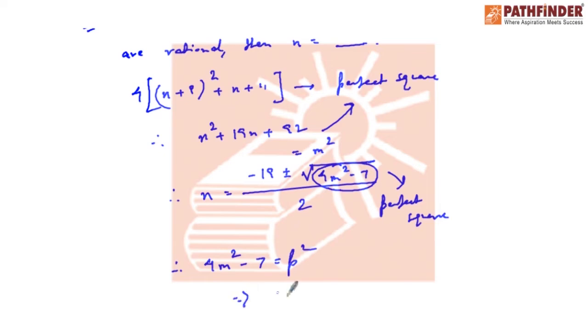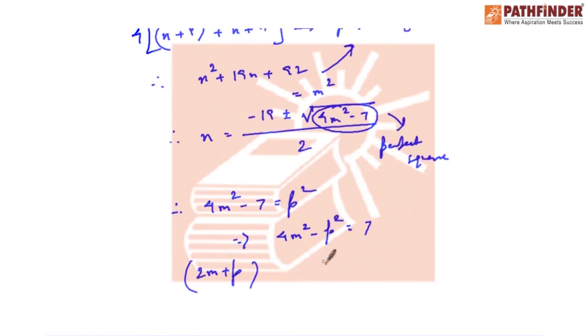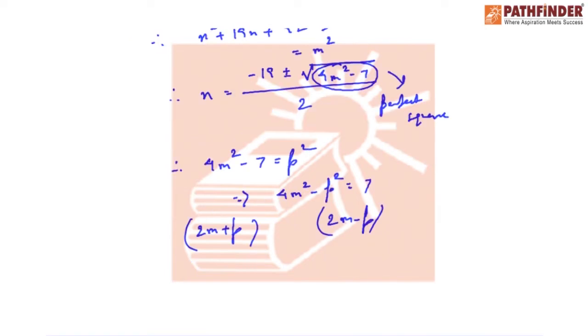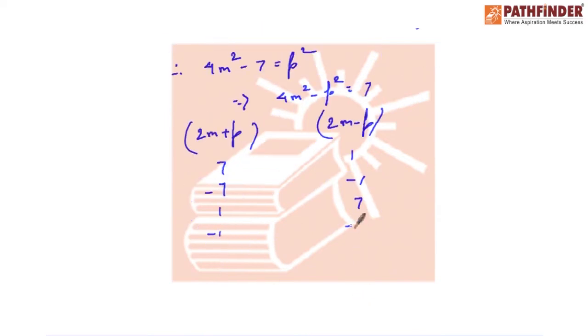Obviously from here we get 4m square minus p square equal to 7. From here we can see clearly that 2m plus p and 2m minus p are the factors which can take up values as plus 7 plus 1, minus 7 minus 1, plus 1 plus 7, and minus 1 minus 7.